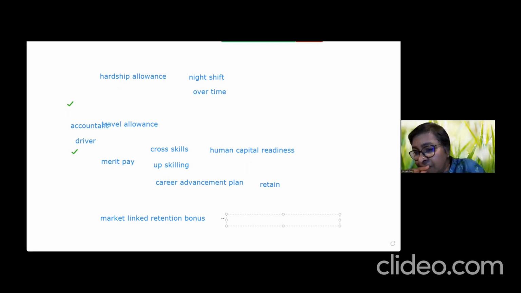Do you know that? I hope all of you know. People who are on the bench, only when they are working, they get variable pay. So people, immediately when they're on the bench, are looking out for jobs because they don't get their variable pay. So obviously they're getting less salary, and so they would like to jump out.